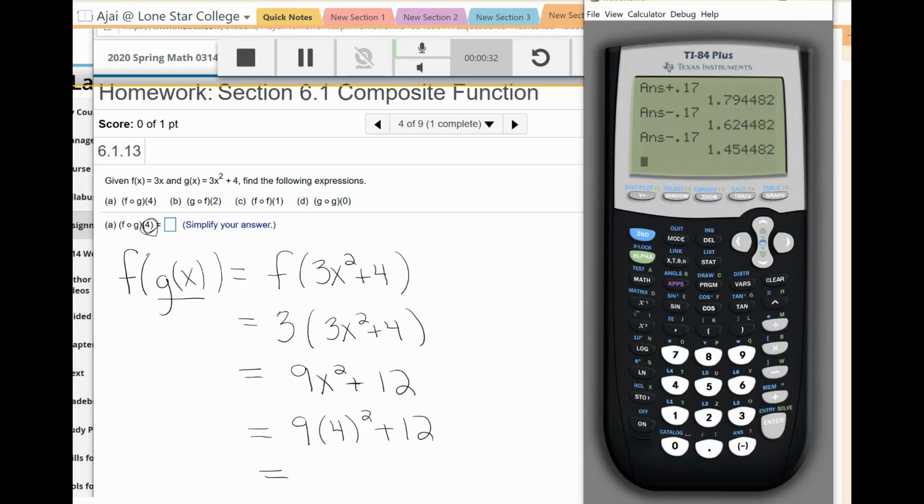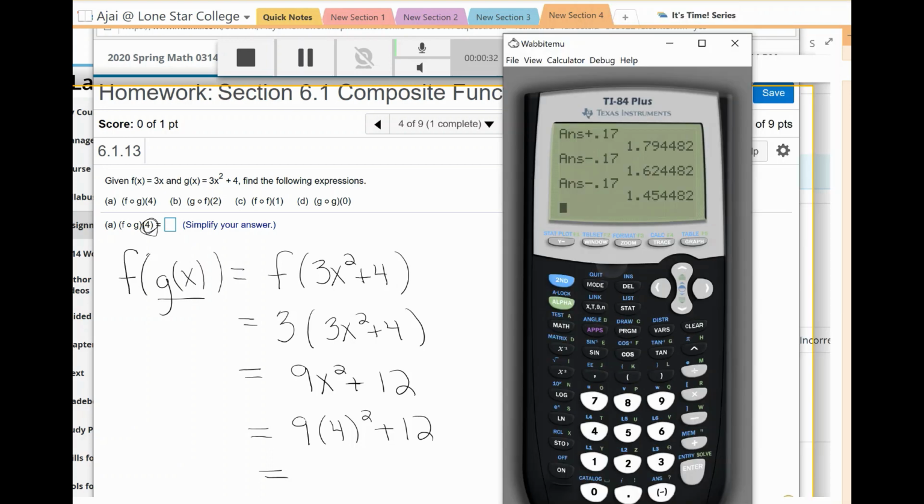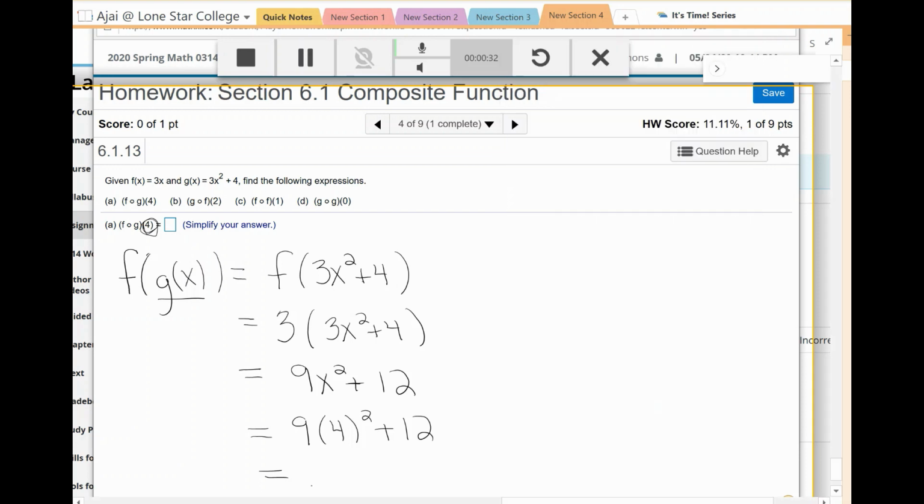Let me get my calculator real quick. 9 parentheses 4 parentheses squared plus 12. Okay, so the answer is 156. You see? So that's all you're doing. You're finding the composition the same way you did the other problems. It's just when you get to the end, you put that value in there.